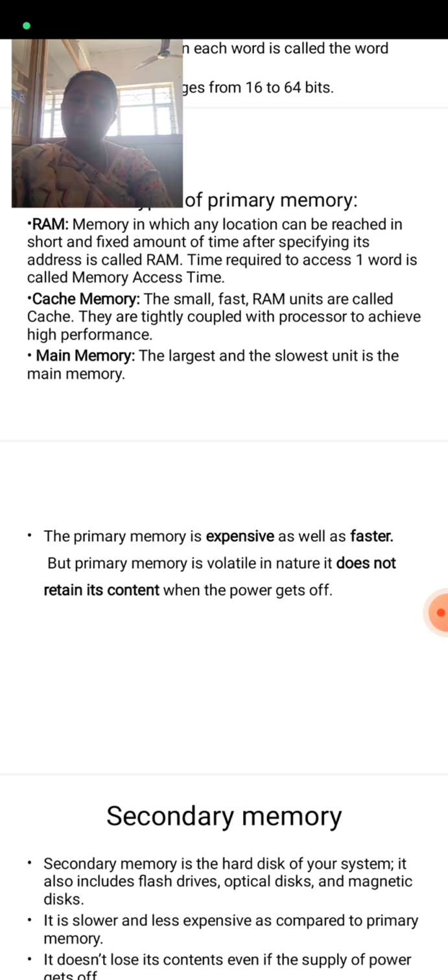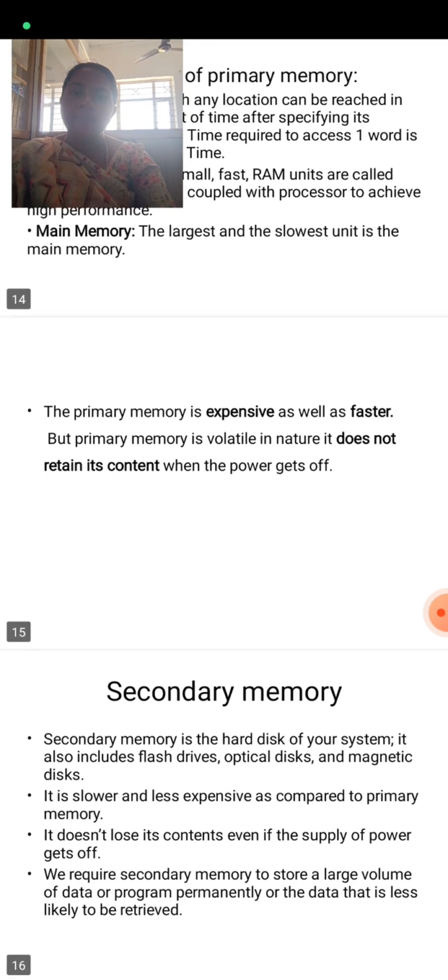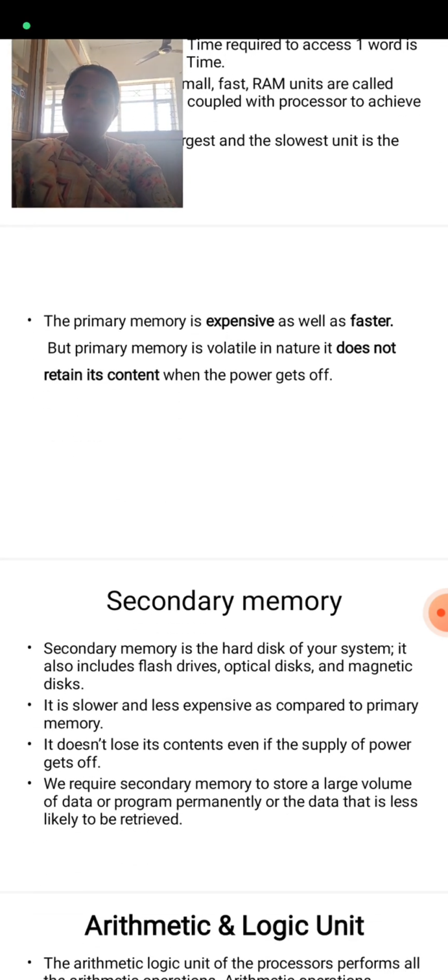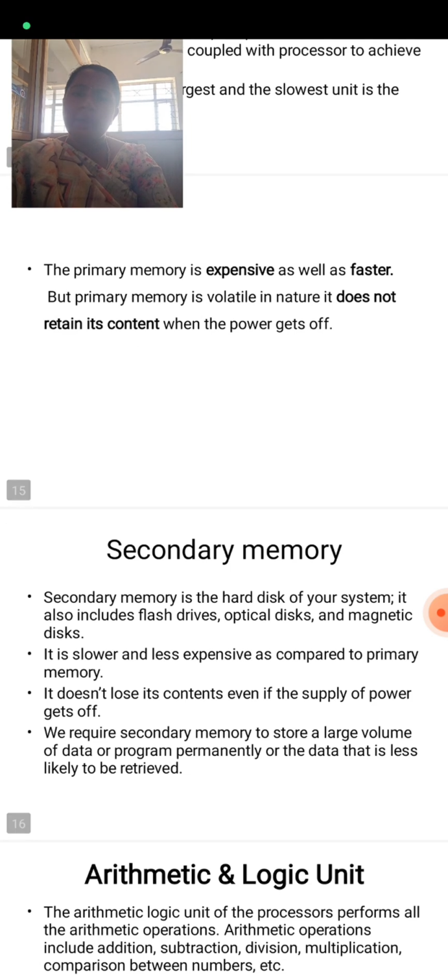Next one, main memory. The large and the slower unit is the main memory. It consists of large memory, but it has only slower units. That is called as main memory. Primary memory is expensive as well as faster, but primary memory is volatile in nature.